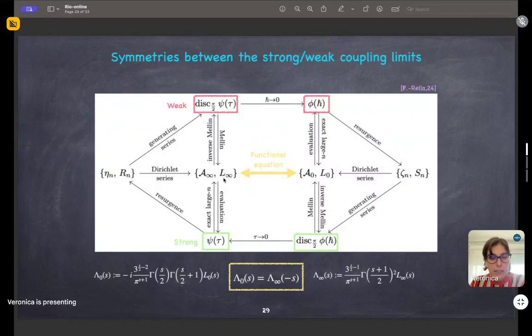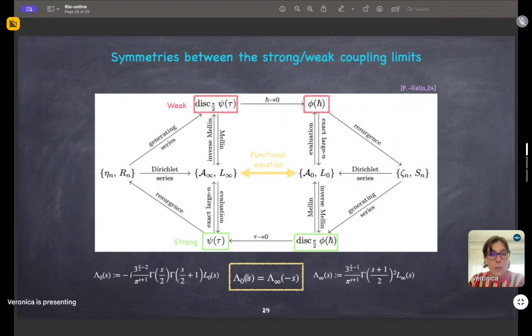But in fact, once you have this, since you are looking at the generating function, all the structure that we have discussed through resurgence is really encoded in the functional equation. The reason is that if you think of this discontinuity roughly as a generating function of the Stokes constants, in particular as the generating function of the coefficients of the L function, computing the asymptotics is given by looking at the coefficient of the L function at negative integers, so at minus k.